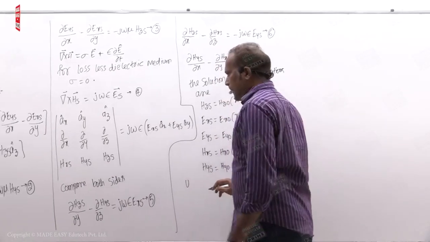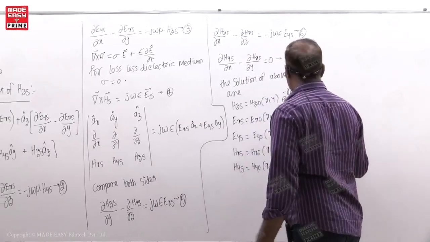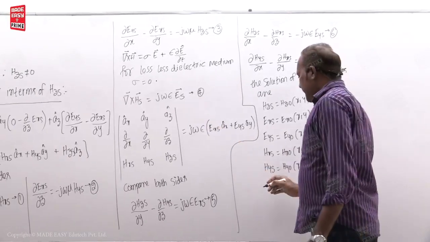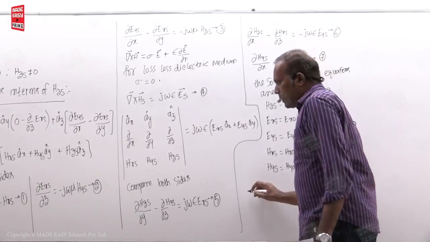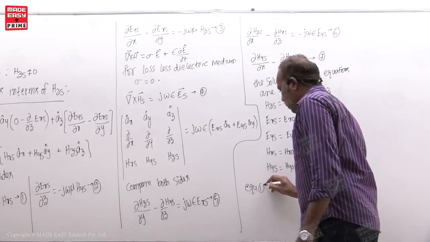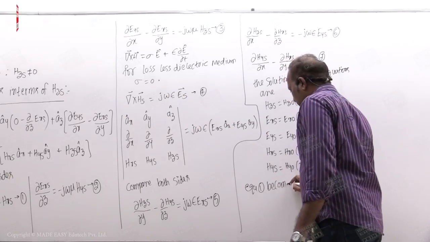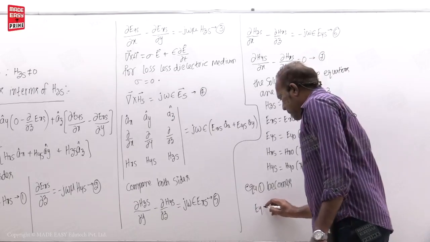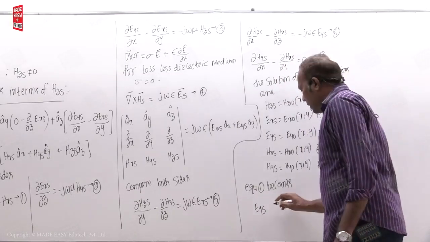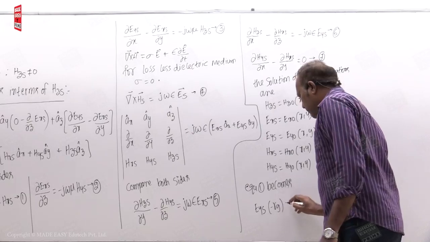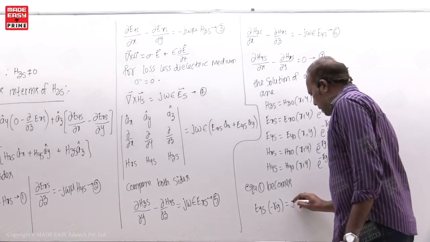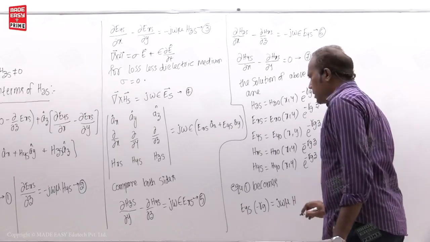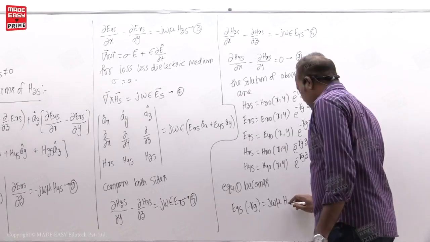So here, what to write? There is no need to write the story. That equation 1 becomes Eys multiplied with minus gamma g is equal to j omega mu into Hxs.